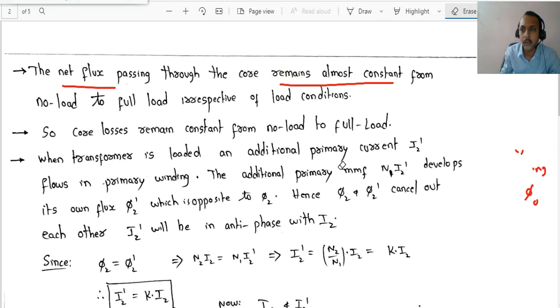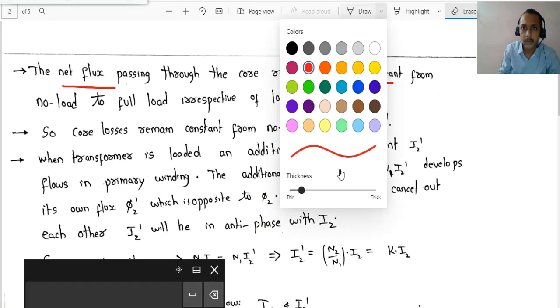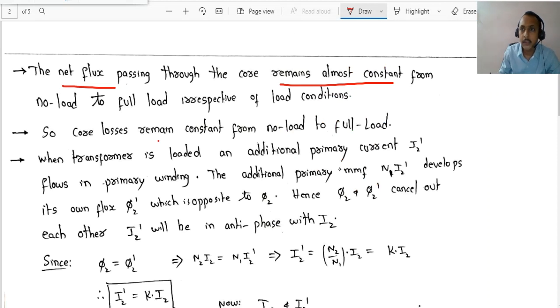The core losses, the iron losses, arise because of the winding wound on the core material, and these remain constant. The iron losses have two components, hysteresis loss and eddy current loss, and they remain constant from no load to full load. But copper losses, or I square R loss, will change depending upon the load condition, because of the current drawn by the load.